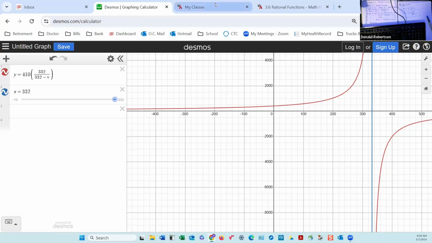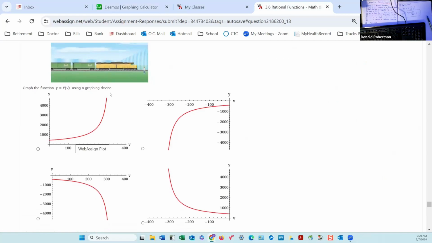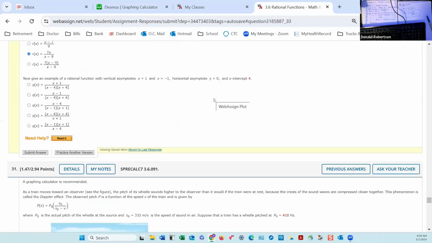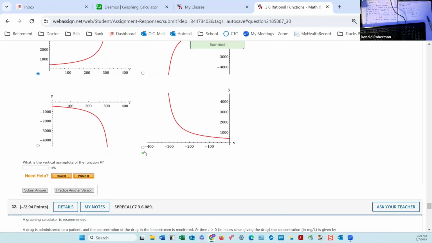So let's see what our choices are. Yeah, it looks like a curve going like that. So it's that one. Let's check it. Yep, little check marks down there, but it means that this is correct.